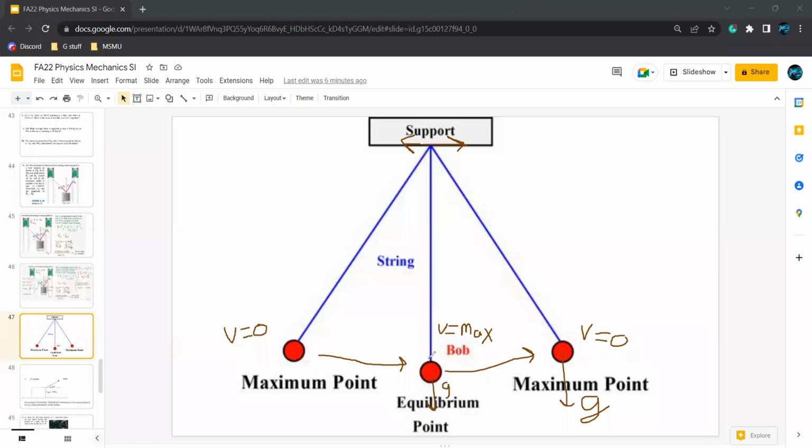But you also have tension pulling up through the string. Right, so as you can see, over here, tension is going this way. So the y component is smaller than at the equilibrium point. Right. So I think that's what he meant by acceleration changes in the pendulum. And it's just the same on this side.